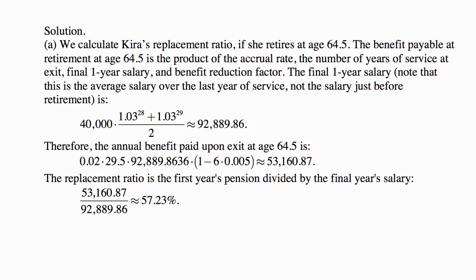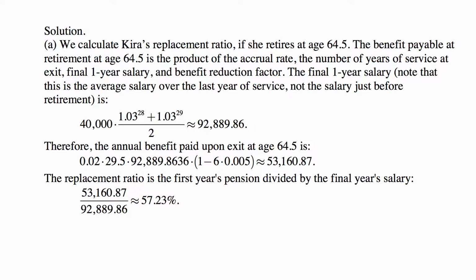Therefore, the annual benefit paid upon exit at age 64.5 is the accrual rate of 0.02, 29.5 years of service, the salary that you just calculated. I'm using more digits here because I calculated it as much as I could. I always try to use as many digits as possible. Times the reduction factor of 1 minus 6 times 0.005, and that ends up being approximately 53,160.87.